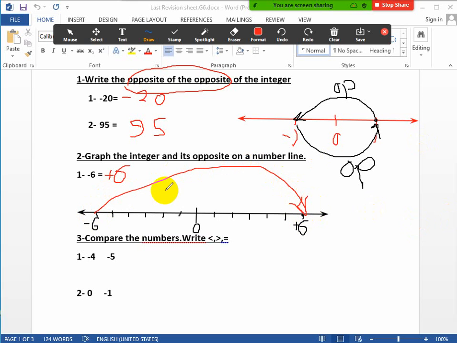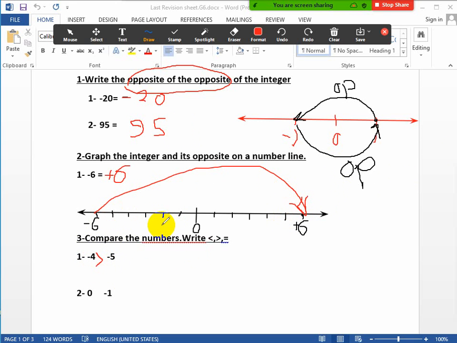Thank you, dear. Now I want to compare the numbers, right? Greater or smaller or equal. So what about negative 4 and negative 5, Lena? Yes, dear, negative 4 and negative 5. Very good. Negative 4 is the bigger one. Excellent. Why?